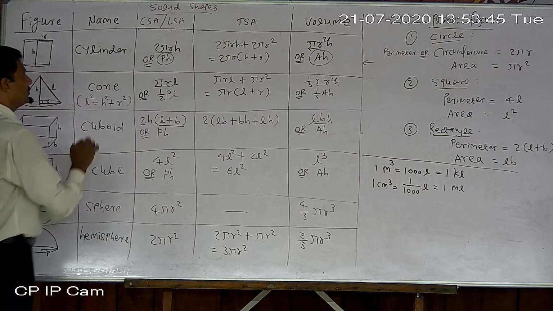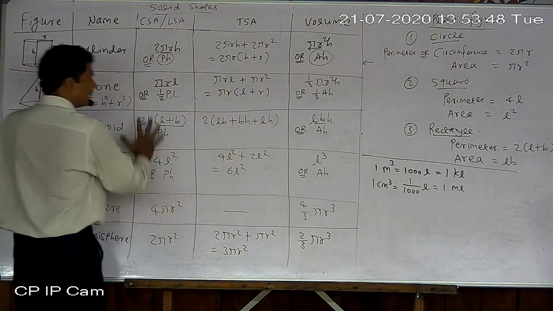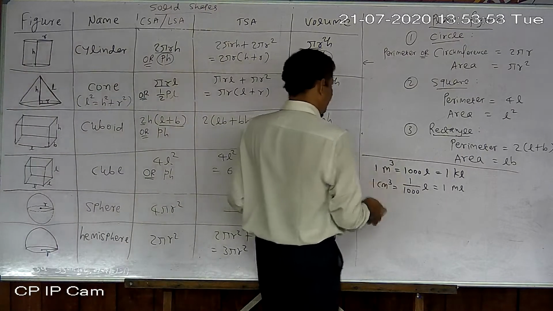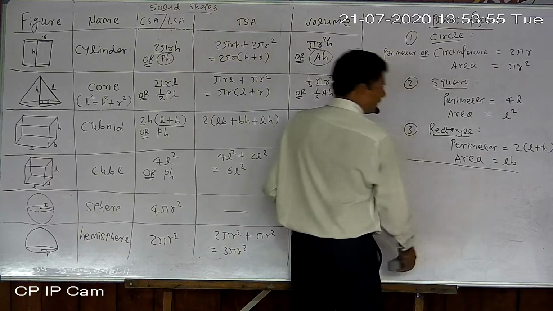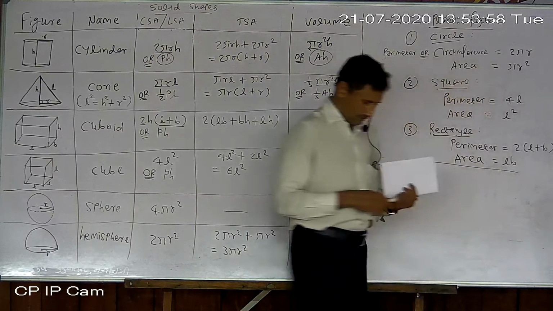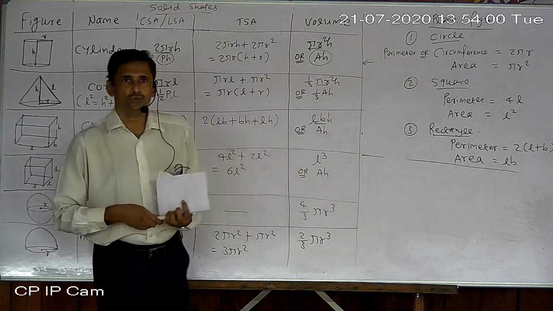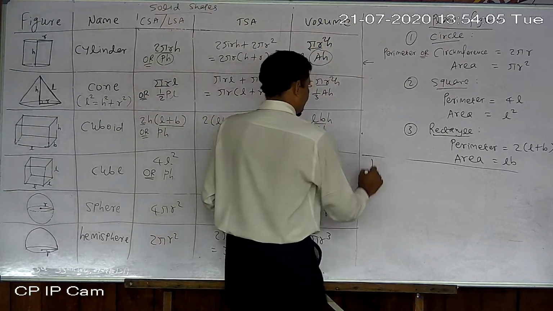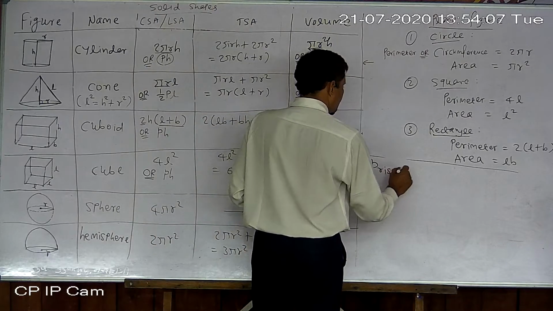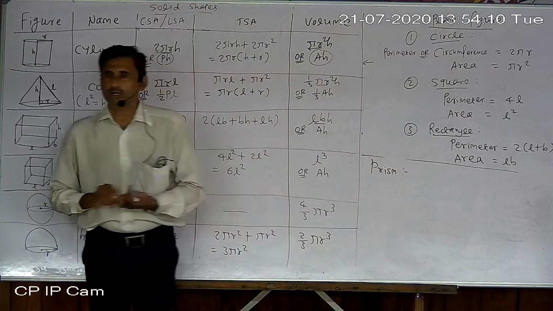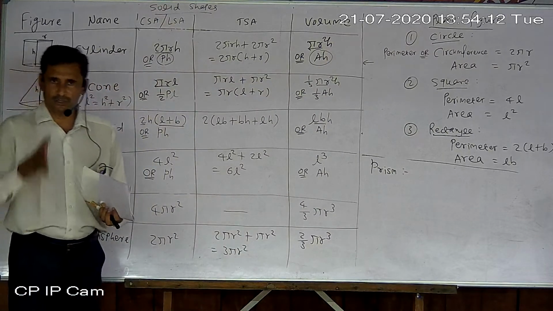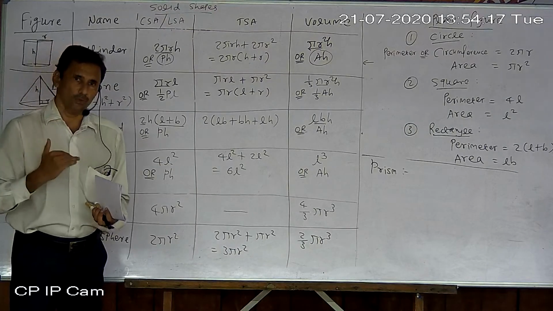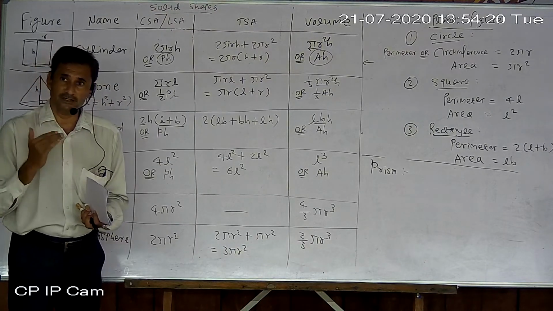Now before going to the particular formulas, first of all understand what a prism is and what a pyramid is. Let us look at the prism. What is a prism? Actually, a prism is a shape which is right, meaning vertical, and the bottom and top are both of the same size and same shape.